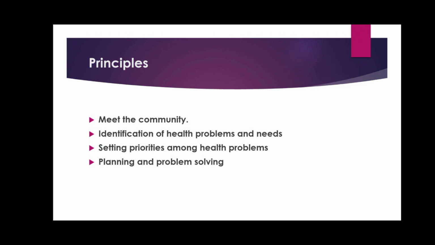From there, the nurse identifies the birth history, death history, main events, and vital statistics like birth, death, and disabilities, from the sub-center or PHC. Thus the nurse identifies the health issues among the community people.